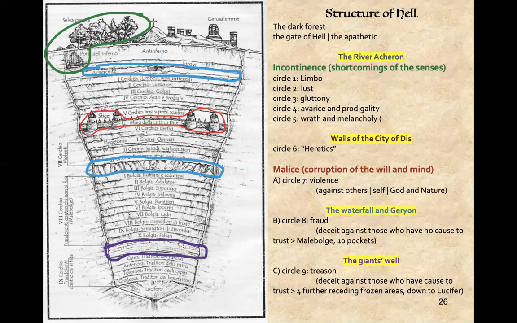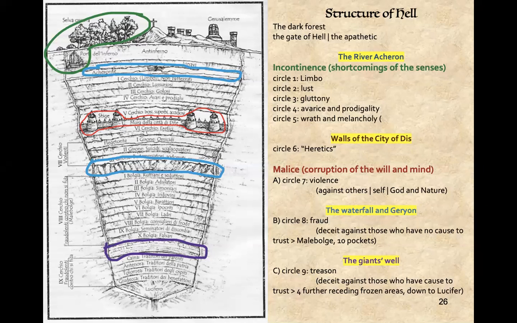And once they are done with that, there is yet another impassable obstacle, and that is a deep pit. Again, they will need the help of someone beyond their means to descend further into the last section of hell, which is where the third aspect of malice, meaning treason, is on display for them.